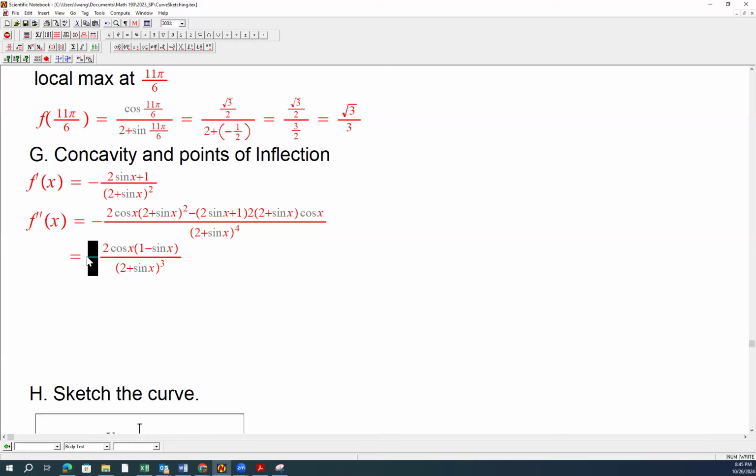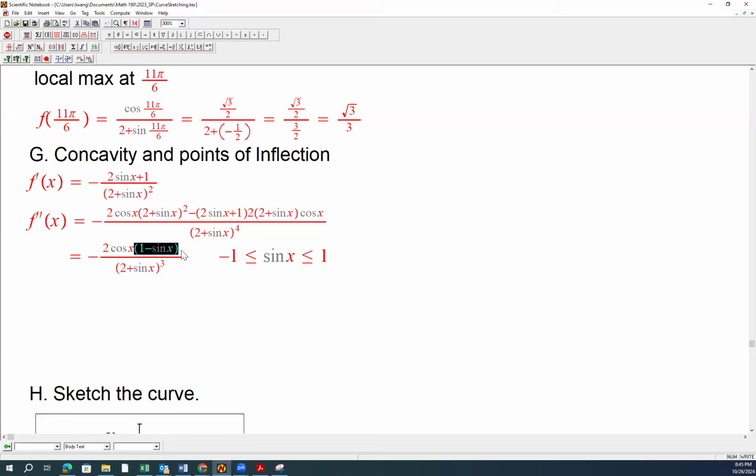We have a negative sign in front. 1 minus sine x, that's always positive, because, once again, I wish to mention that useful but sometimes neglected fact. You see, sine x is less than or equal to 1, right? So 1 minus sine x is always greater than or equal to 0. The smallest it can be is 0, so it's always positive, unless sometimes it's 0.